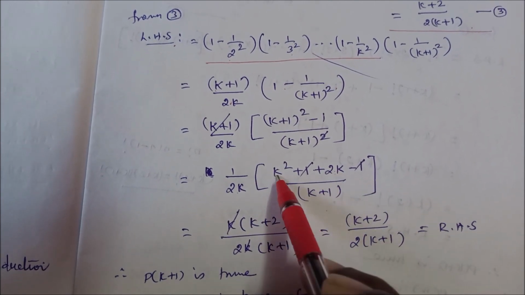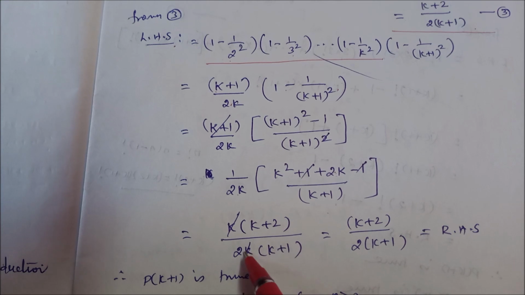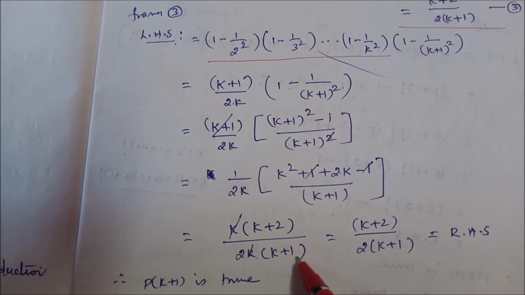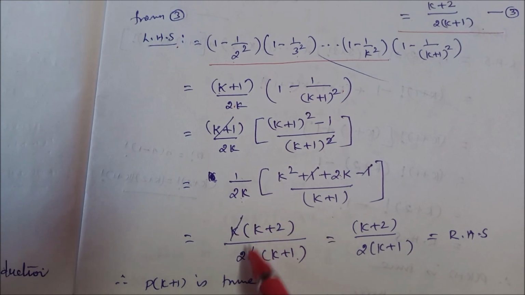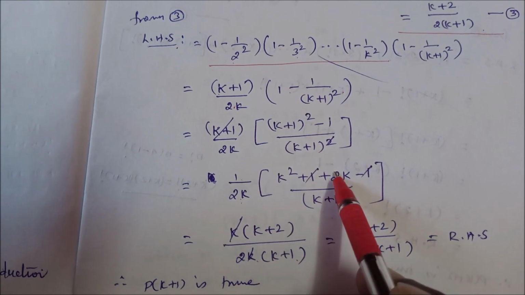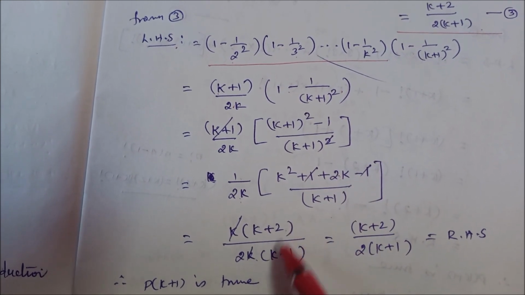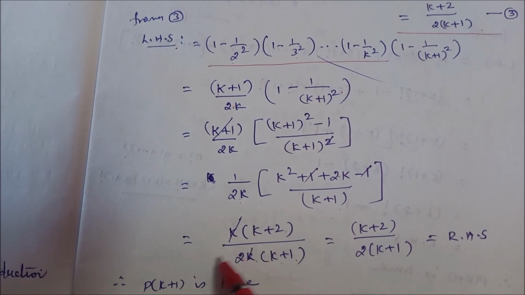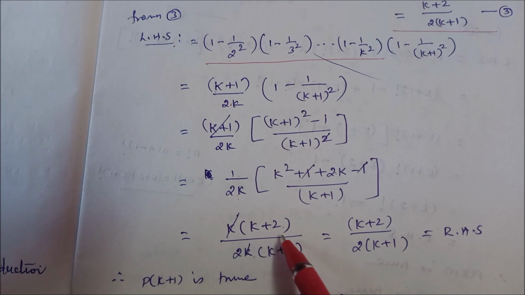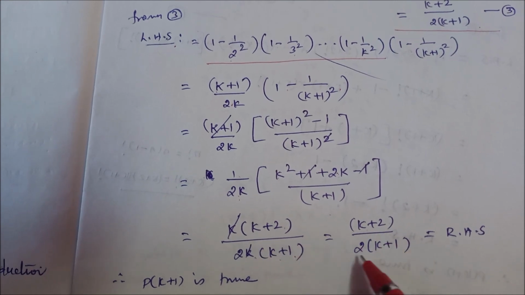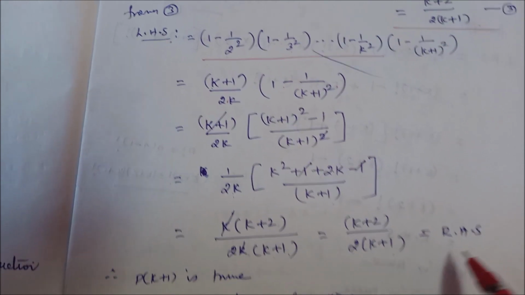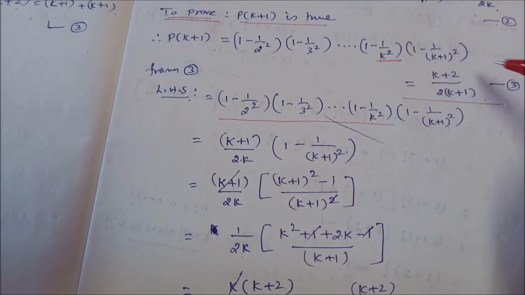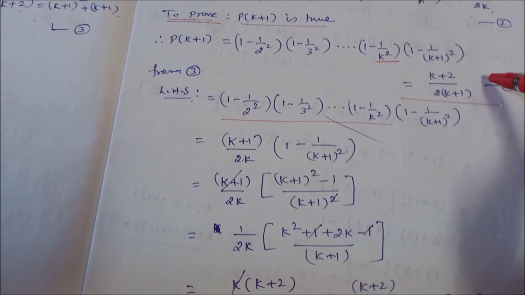Take k common: k into (k plus 2) by 2k into (k plus 1), with the denominator term 1 by 2k. Taking k in both terms, k in (k plus 2), the remaining (k plus 1) is in the numerator. So k is struck out. The remaining term is (k plus 2) by 2 into (k plus 1), which is the RHS of P(k plus 1), equation number 3.